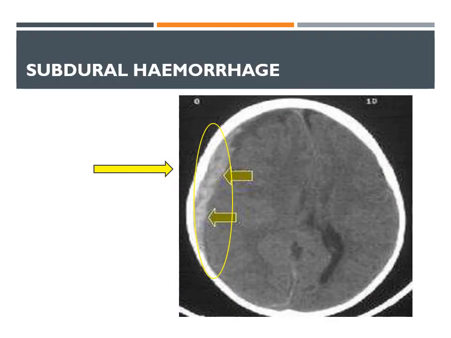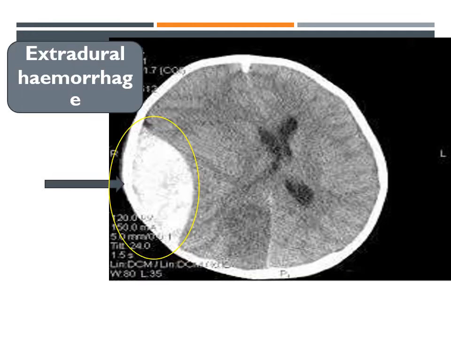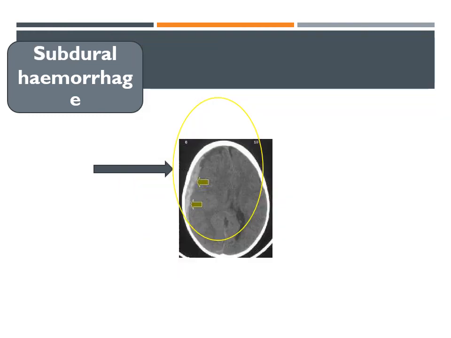This is the same subdural hemorrhage. So, extradural hemorrhage taking the shape of lens shape biconvex, but subdural hemorrhage taking the shape of thin film, thin layer on the brain substance.